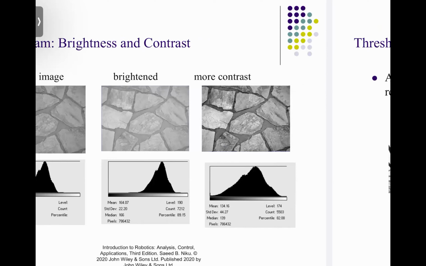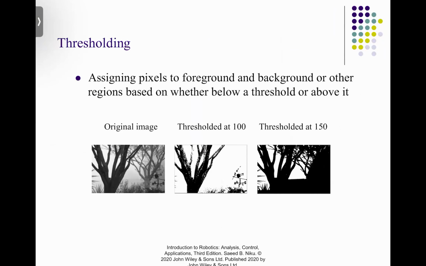Thresholding is the mechanism wherein you specify a threshold, and if a pixel value is below the threshold, maybe you term it as black. If the pixel value is above the threshold, you call that pixel white. So you can convert a color image into a black and white image, and depending upon your threshold, the image appearance changes.